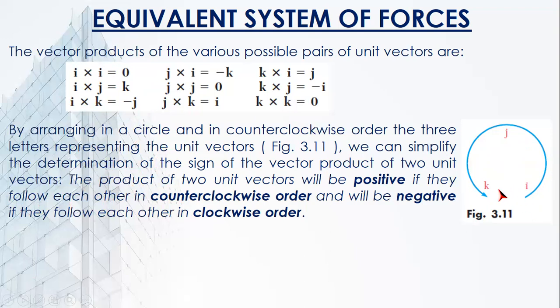Ano na, IKJ. Clockwise siya. Therefore, negative siya. You can do the same sa other na vector product. JKI, oh. JKI. Counterclockwise, positive.